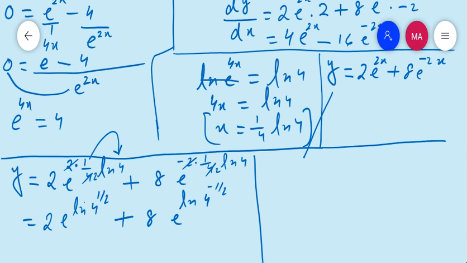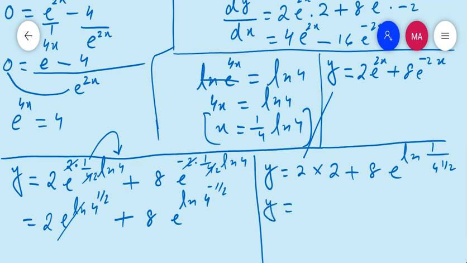Now ln and e cancel, so y is equal to 2 into 4 to the power 1 upon 2, which means the square root of 4, which is 2, plus 8 e to the power ln 4 to the power minus 1 upon 2, which can be written as 1 upon 4 to the power 1 upon 2. So y is equal to 2 times 2 plus 8, ln and e cancel, into 1 upon the square root of 4, which is 2.